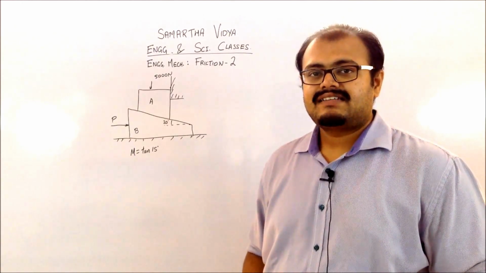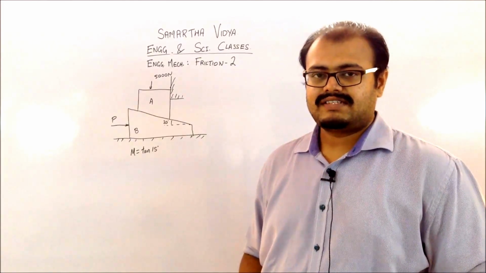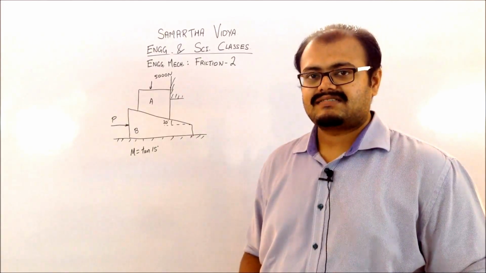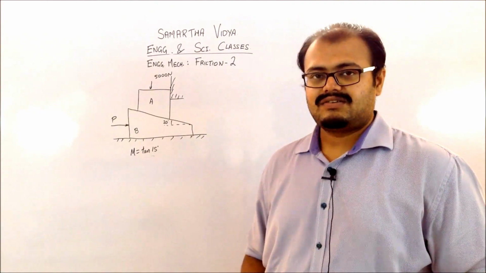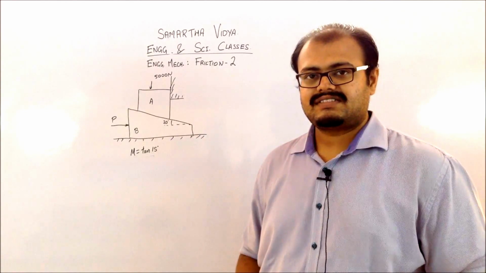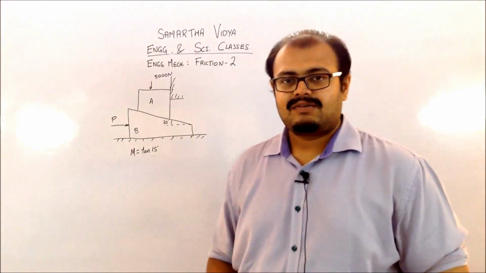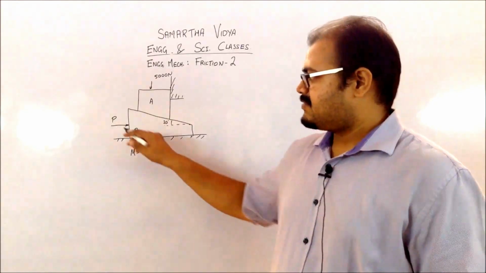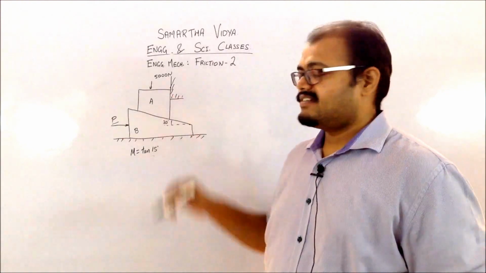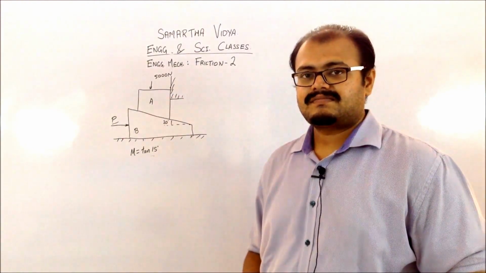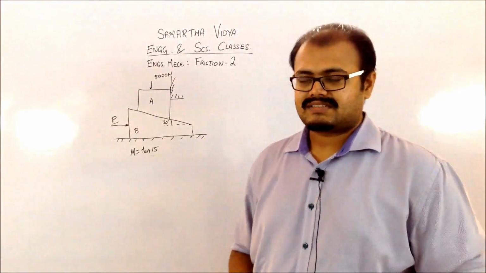We are given that the wedges and the block do not have any weights of their own. Their weights are negligible in nature. And we have been given the frictional coefficients between all the surfaces to be tan 15. So we have to calculate the minimum value of P which will be required to just lift A from its position.